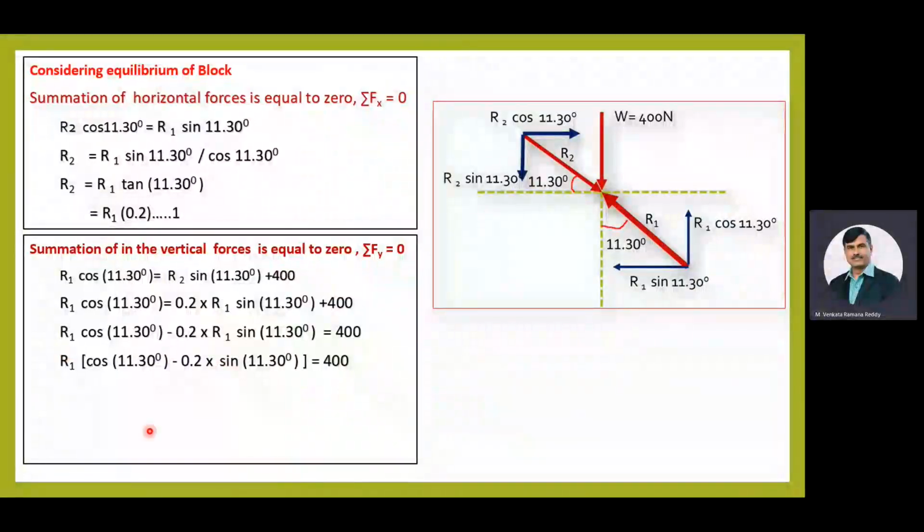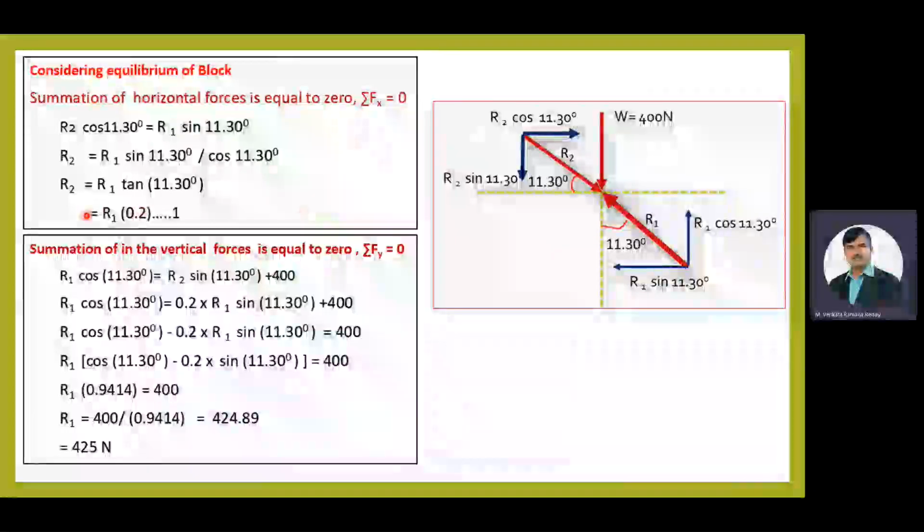After simplifying this, we will get R1 into 0.9414 is equal to 400. R1 is equal to 400 by 0.9414, which is equal to 424.89. After rounding off, we'll get the R1 value as 425 Newton.